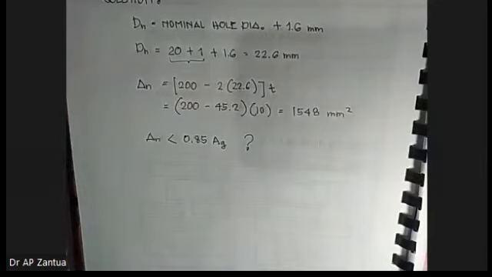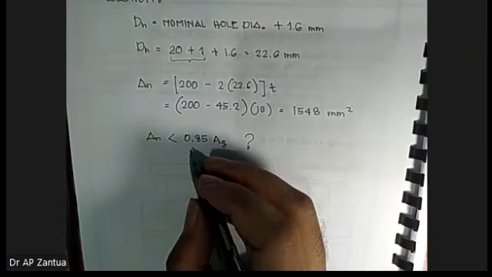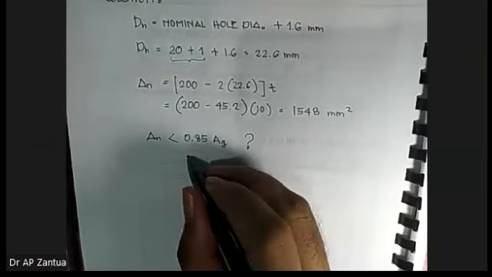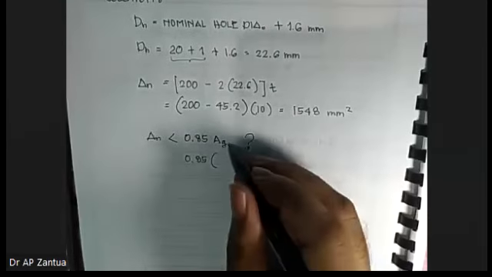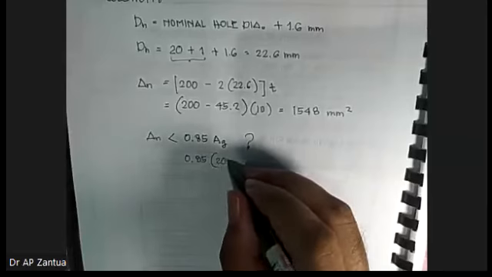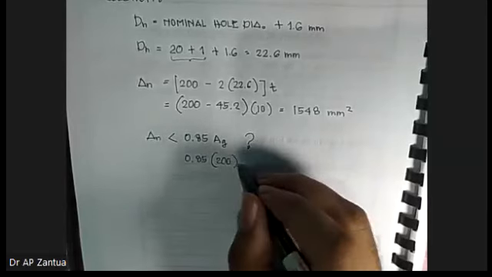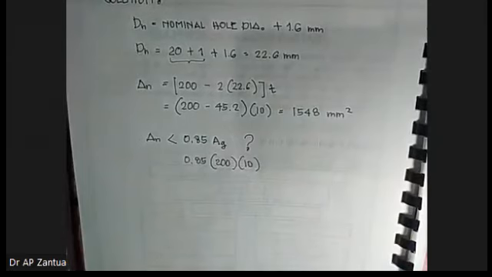We can solve for AG, which is this one. 0.85 times AG. AG is 200 times 10, which is 2,000, times 0.85.